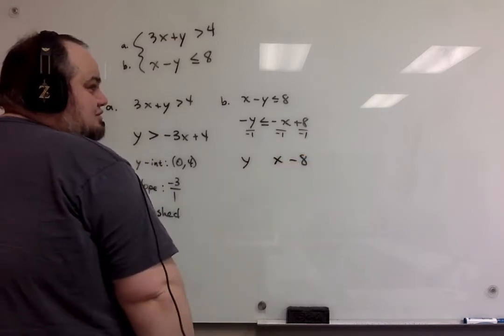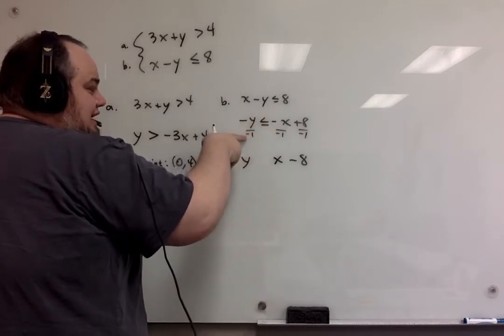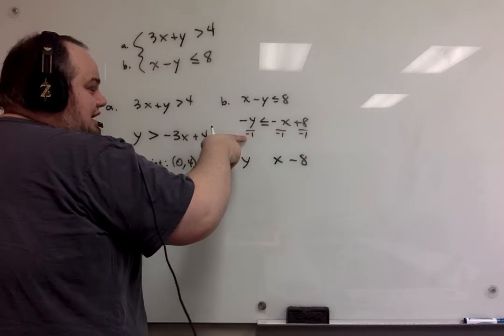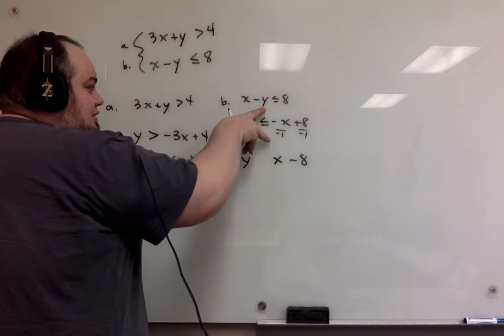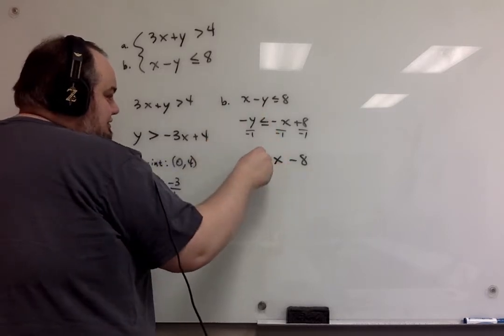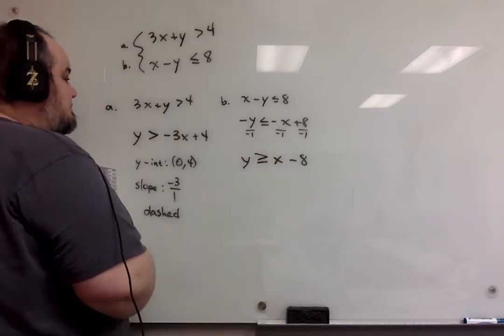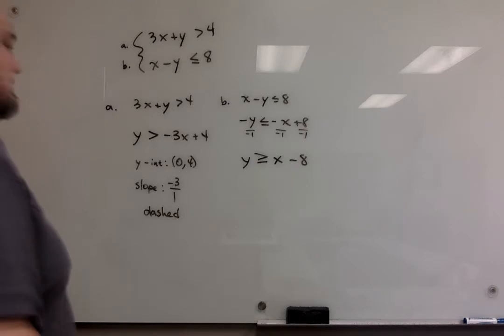Now, we have a special rule that's just for solving inequalities, and that is whenever you divide or multiply by a negative number, the direction of the inequality flips. So where we had less than or equal to, now it's greater than or equal to. So we have y is greater than or equal to x minus 8.